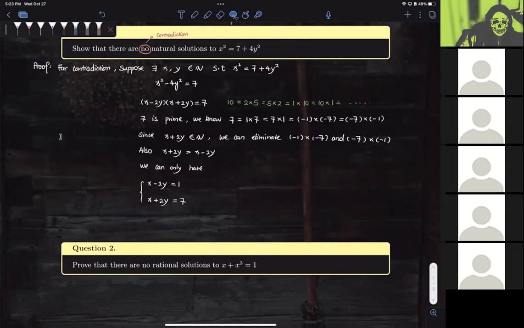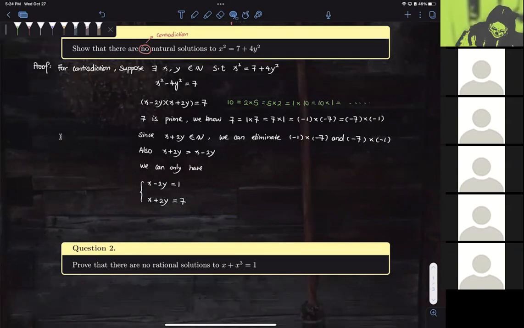Would you have to explain why x plus 2y is greater than x minus 2y? It's pretty obvious, so I don't think you need to. Can we say x plus 2y is positive? That's not really right because 7 does have negative divisors.